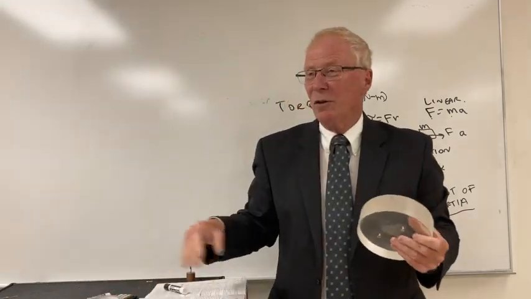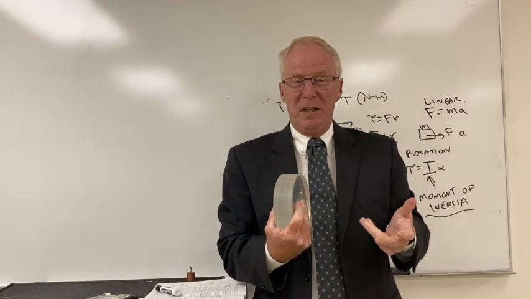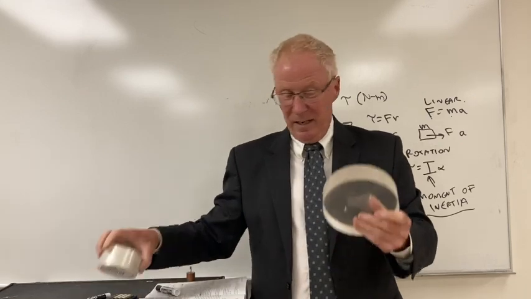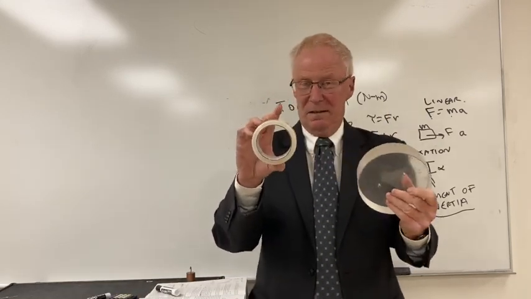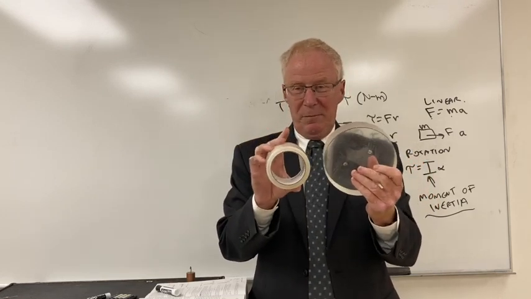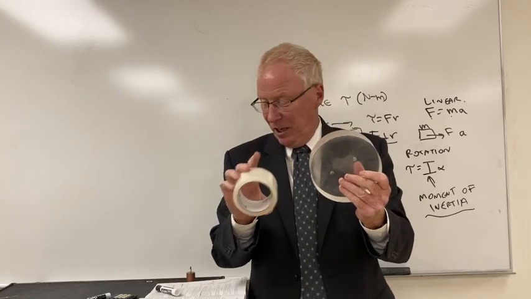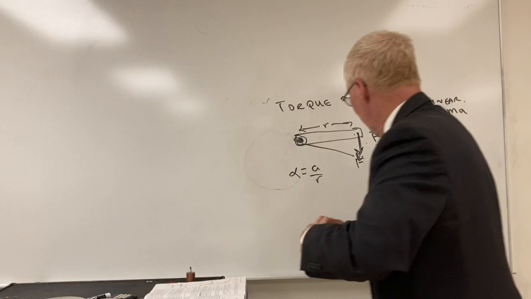If you want, there's a video on the Chapter 8 link, a YouTube video comparing a disc and a ring and how they move. Because even though they have the same mass, because they're a different shape, they're going to have what we call a different moment of inertia.